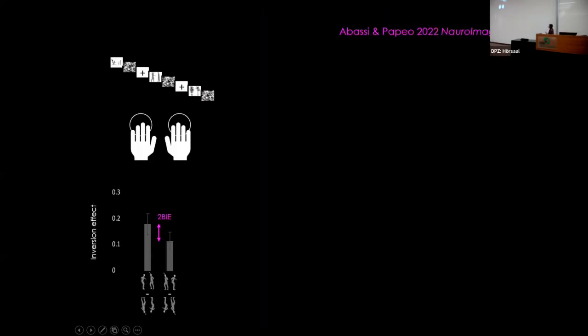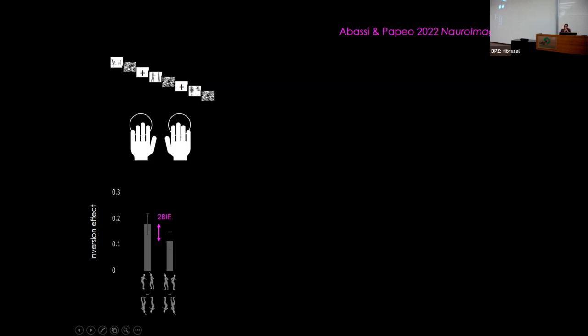In one of these experiments, we asked the subjects to come to the lab, and they performed the visual categorization task that I've just explained. We replicated the two-body inversion effect, which, I remind you, is the larger inversion effect for facing bodies relative to the same bodies presented back to back. Again, this is our index of visual specialization for this kind of stimuli.